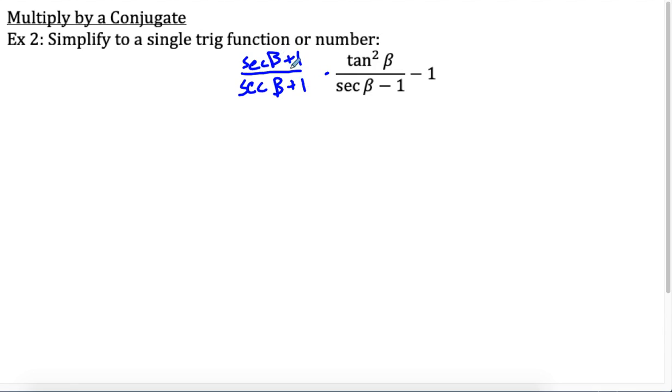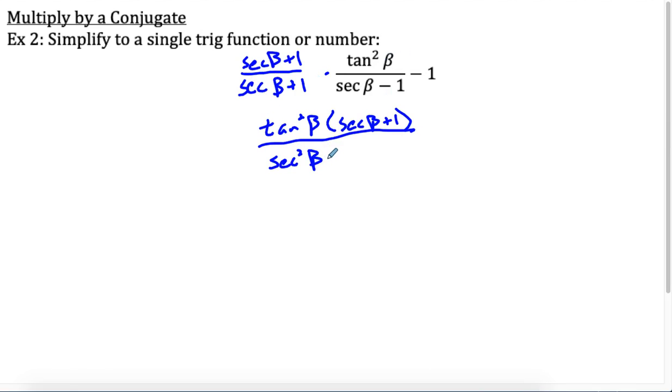In the numerator, I'm actually just going to leave this as tangent squared of beta times secant of beta plus 1. I'm not going to multiply this one out, but I will multiply out the denominator here. So secant times secant would be secant squared.